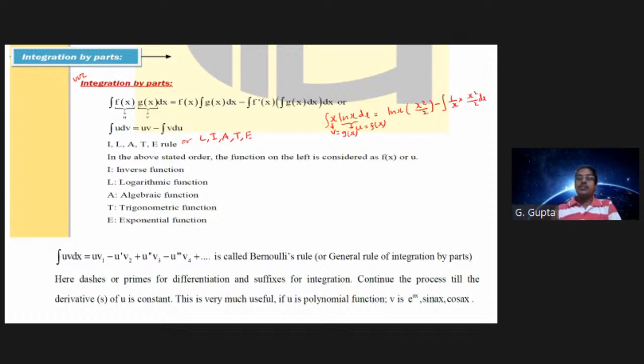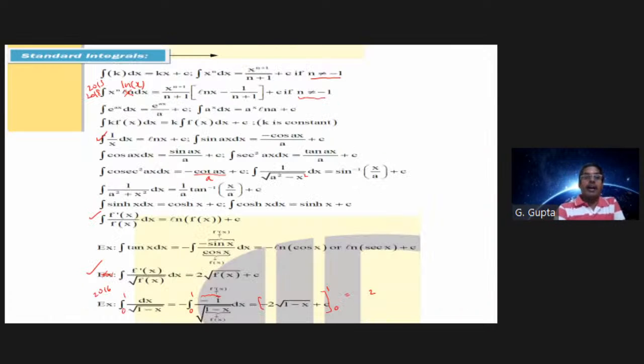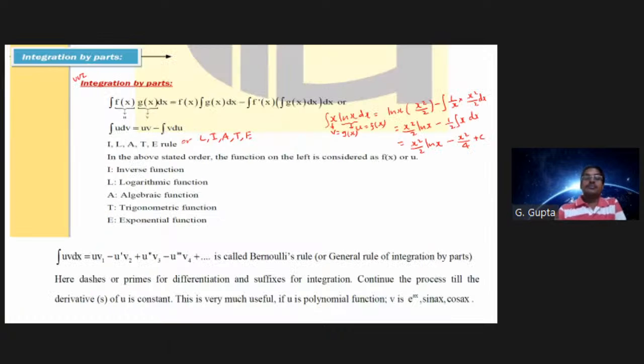So this is x square by 2 log x minus the integral of x by 2, taking 1 by 2 outside, x dx, which equals x square by 2 log x minus x square by 4 plus c. You can compare this example with the second formula, x power n log x, by putting n equal to 1.